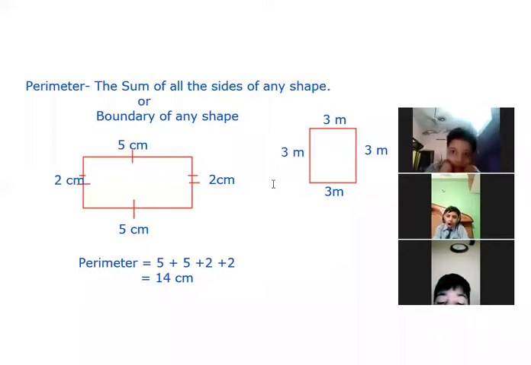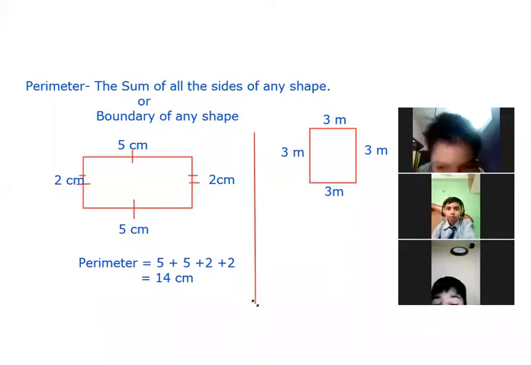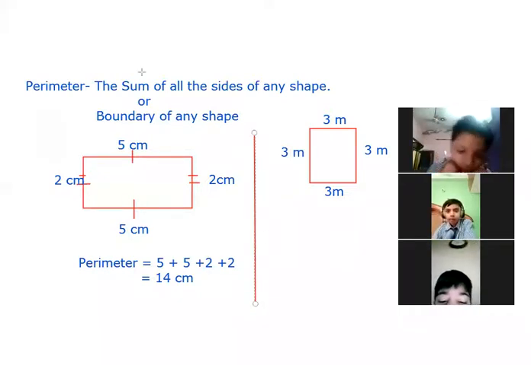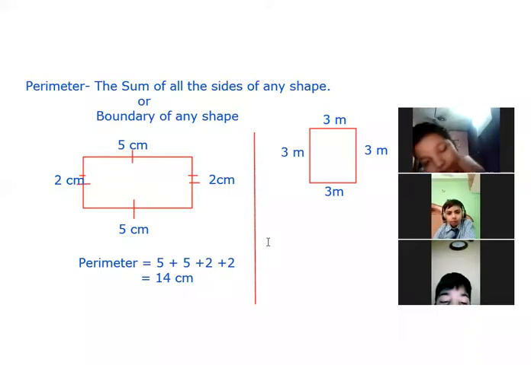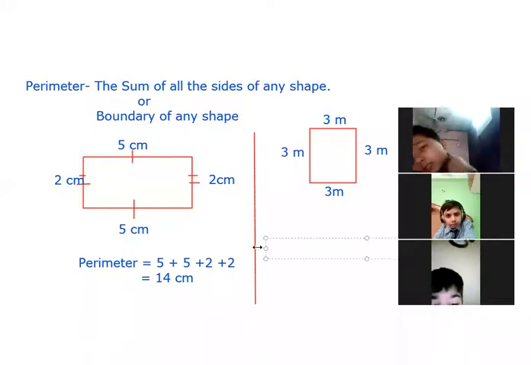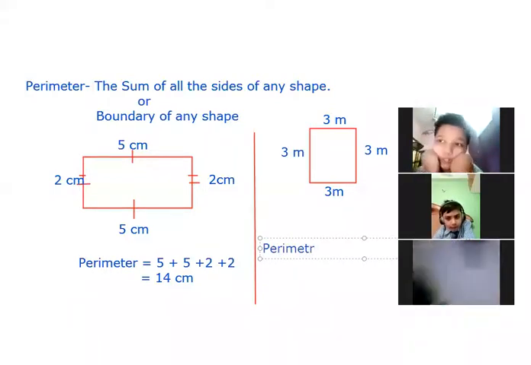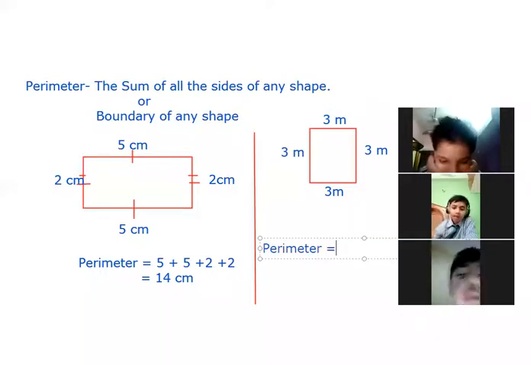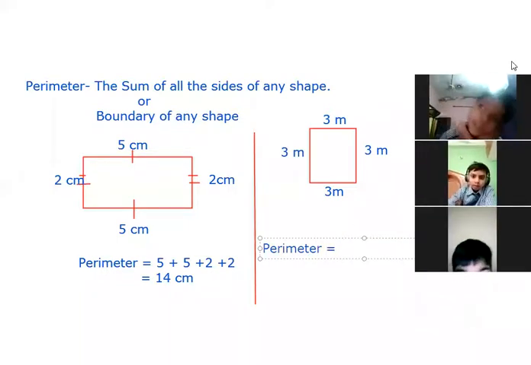Okay, so 3. Suppose when we are going to find out the perimeter, in that case we can write it as addition of all the sides. Okay, sum of all the sides we have already discussed. So we are going to find out the perimeter. This time you will tell me, Sakipreet, what sides are we going to add here?